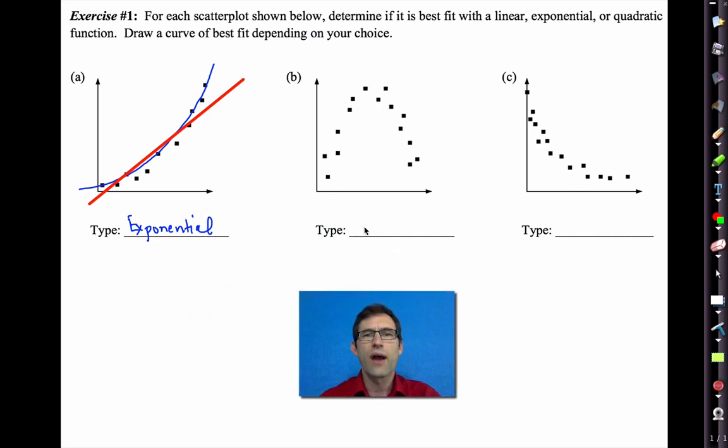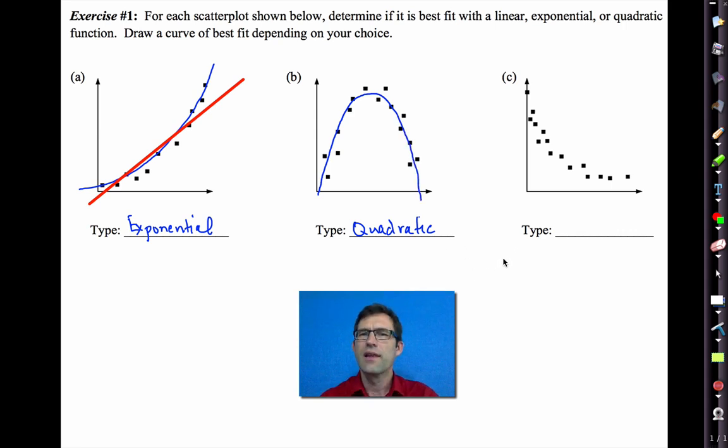I think the second graph is pretty obvious, and the reason I say it's pretty obvious is that there definitely seems to be a trend of the data increasing and then decreasing. Linear and exponential don't do that, but quadratic functions do, right? And if I were going to draw a parabola of best fit, it might look something like that.